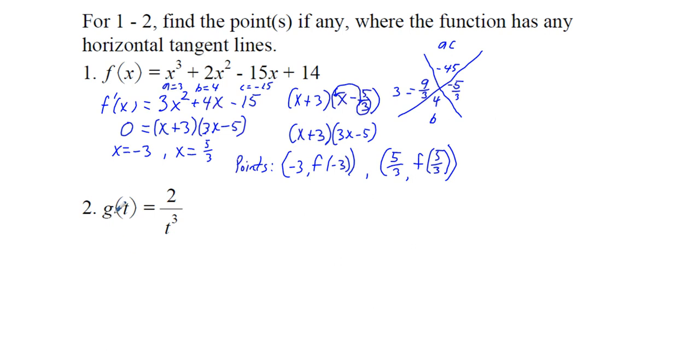Next, problem 2, g of t equals 2 over t to the 3rd power. So doing a calculus-friendly rewrite, we would say g of t is equal to 2 t to the negative 3rd power. And then g prime of t is equal to negative 3 times 2, or negative 6.